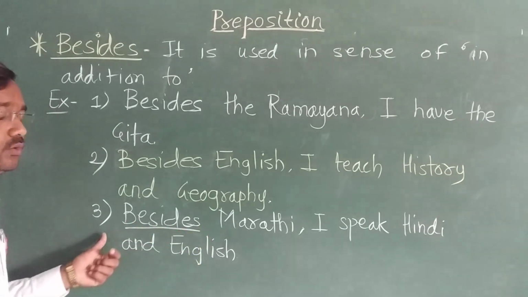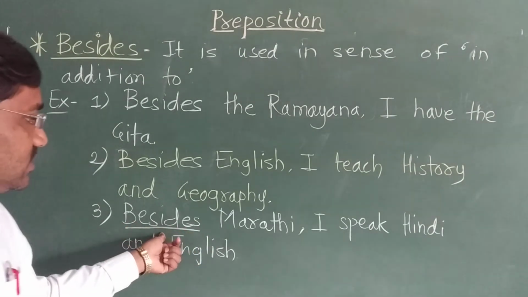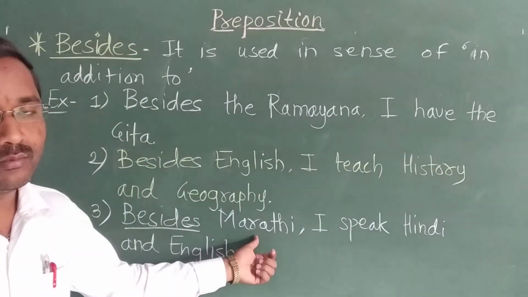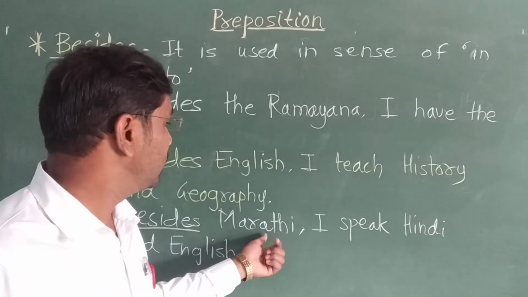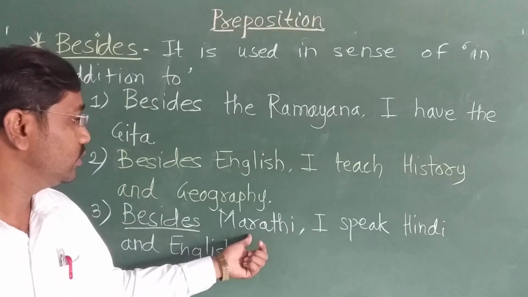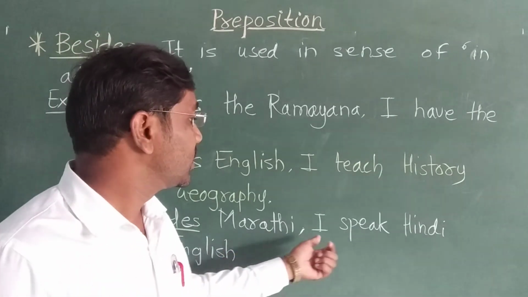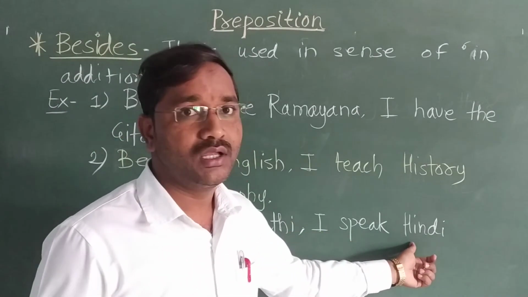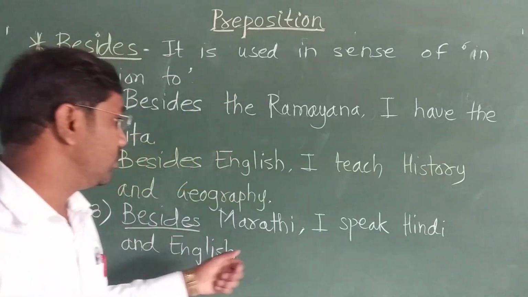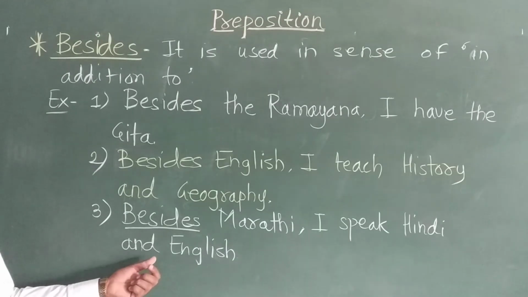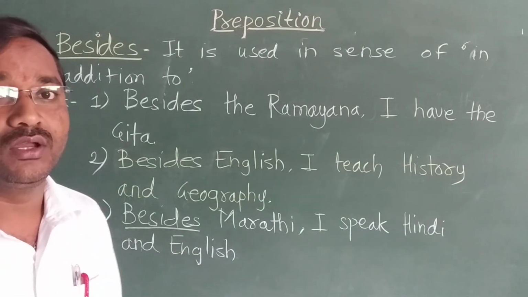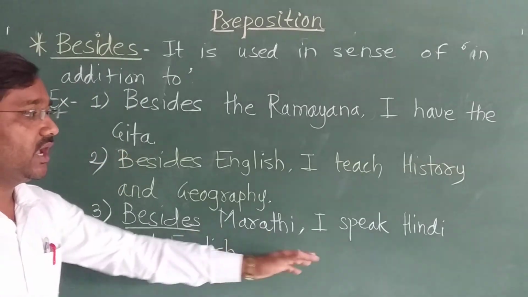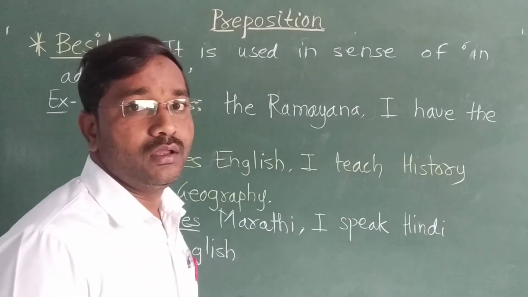So here we have used the preposition besides. As I am living in Maharashtra and Marathi is my mother tongue, I can speak Marathi. Then in addition to that, I speak Hindi as it is a national language, and in addition to that, I speak English as it is a foreign language. So in addition to Marathi, I speak Hindi and English.